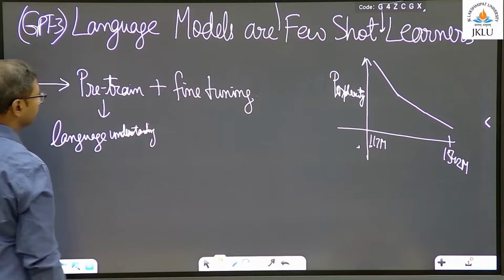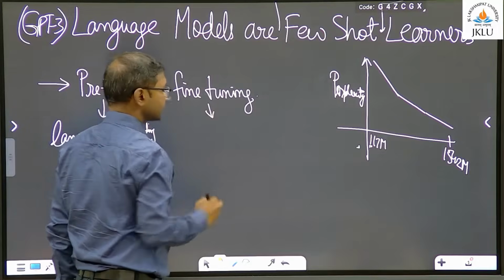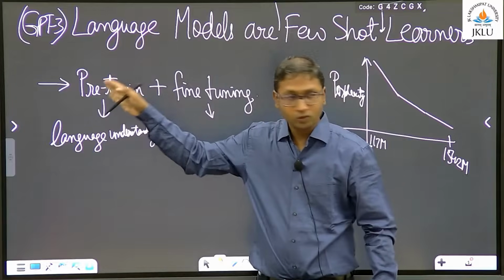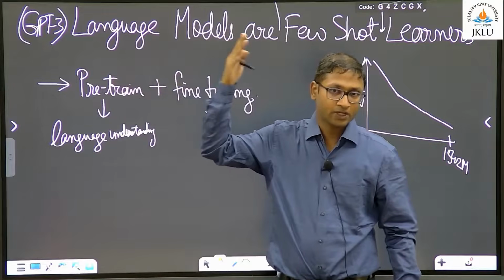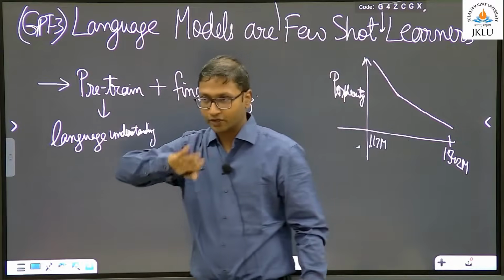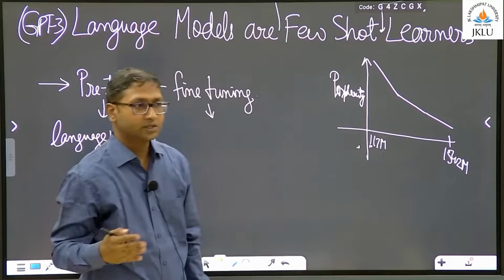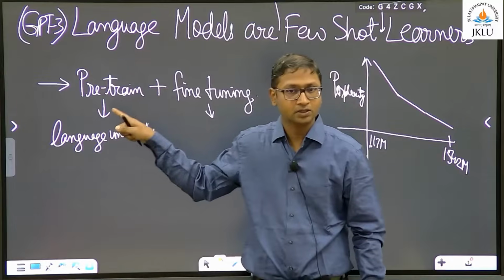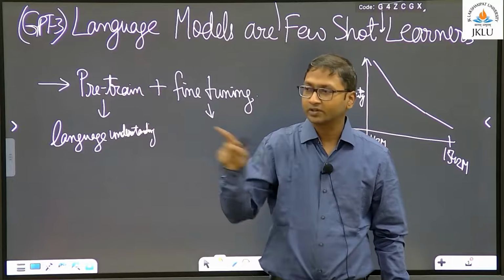What does this achieve? Once your weights are good to tackle this task, which is usually language modeling in case of decoder-only, and which was masked language modeling for BERT, and what was that for T5? What did they call that?